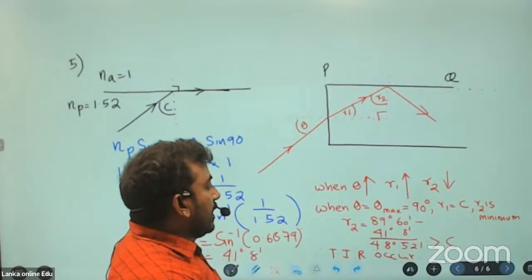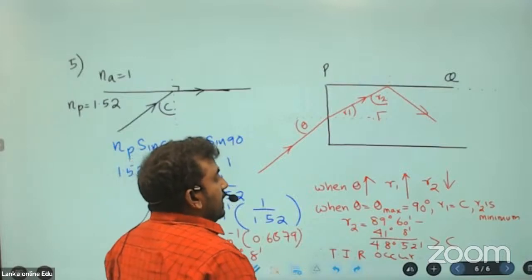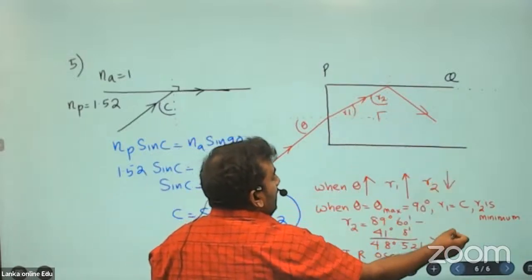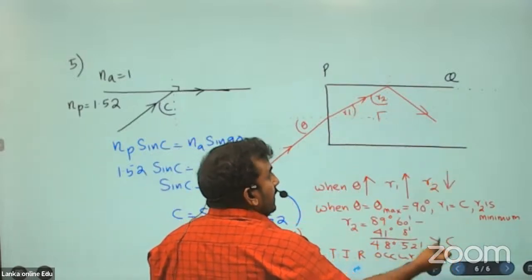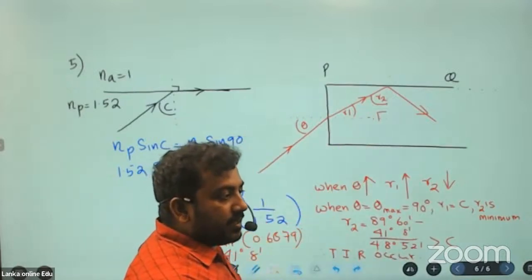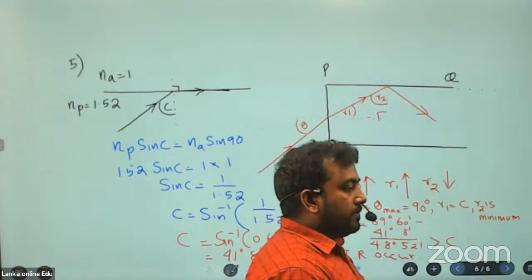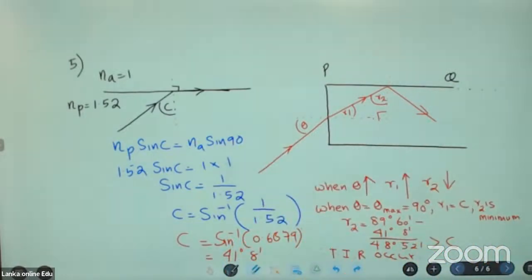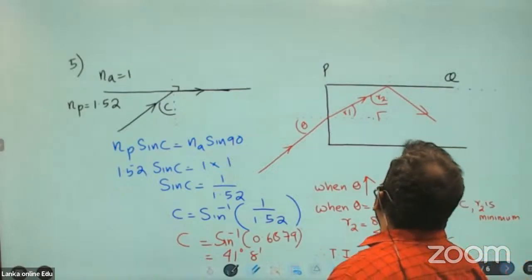So if total internal reflection occurs for the minimum angle, then for anything more than the minimum, total internal reflection will anyway take place. Right.